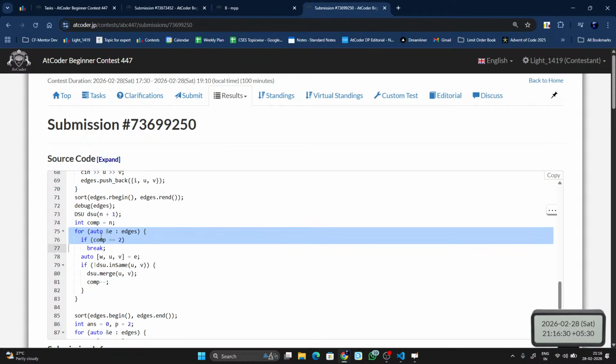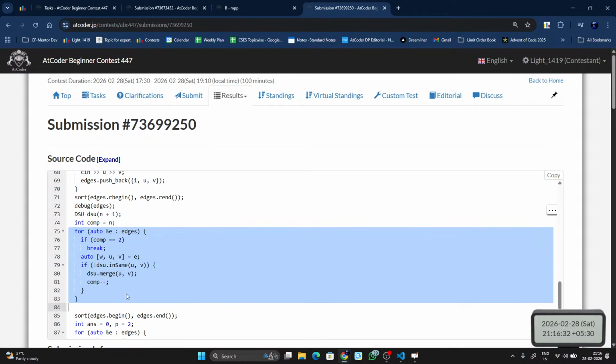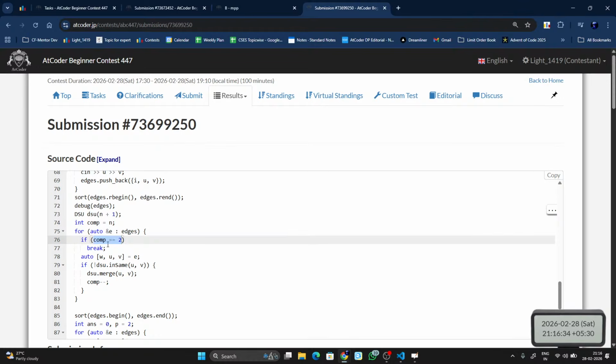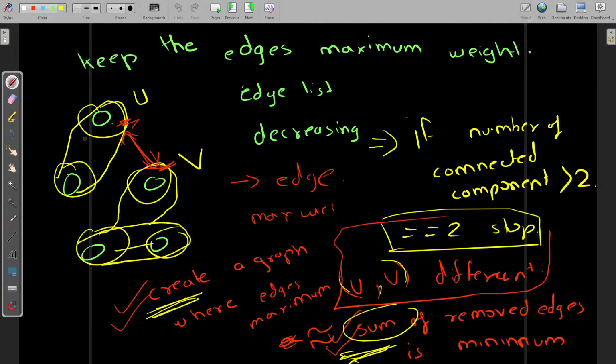So I will iterate upon all of the edges. If component count is 2, then I would stop. Else I would take that edge. I would check, are they in the same component or not? If U and V are in different components, then I would just merge them. Okay, I see.